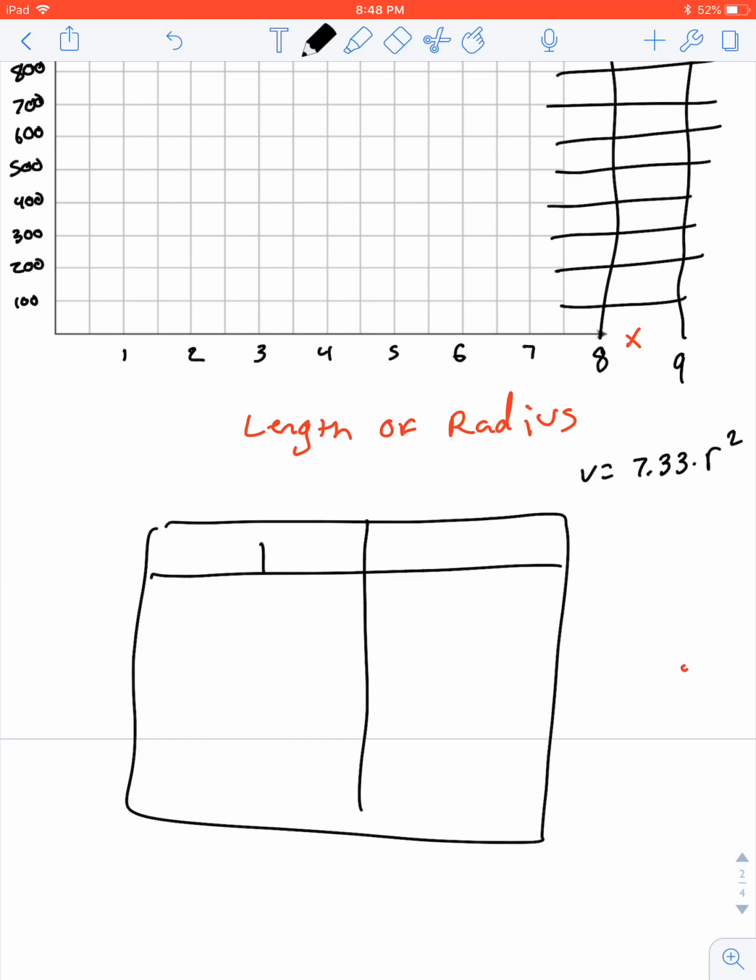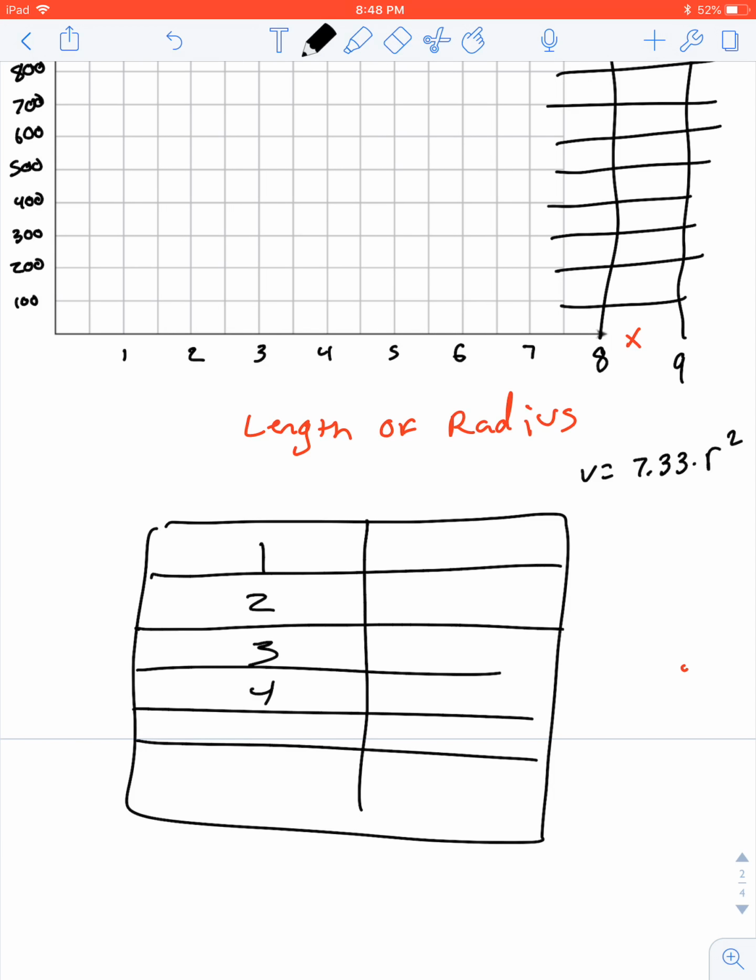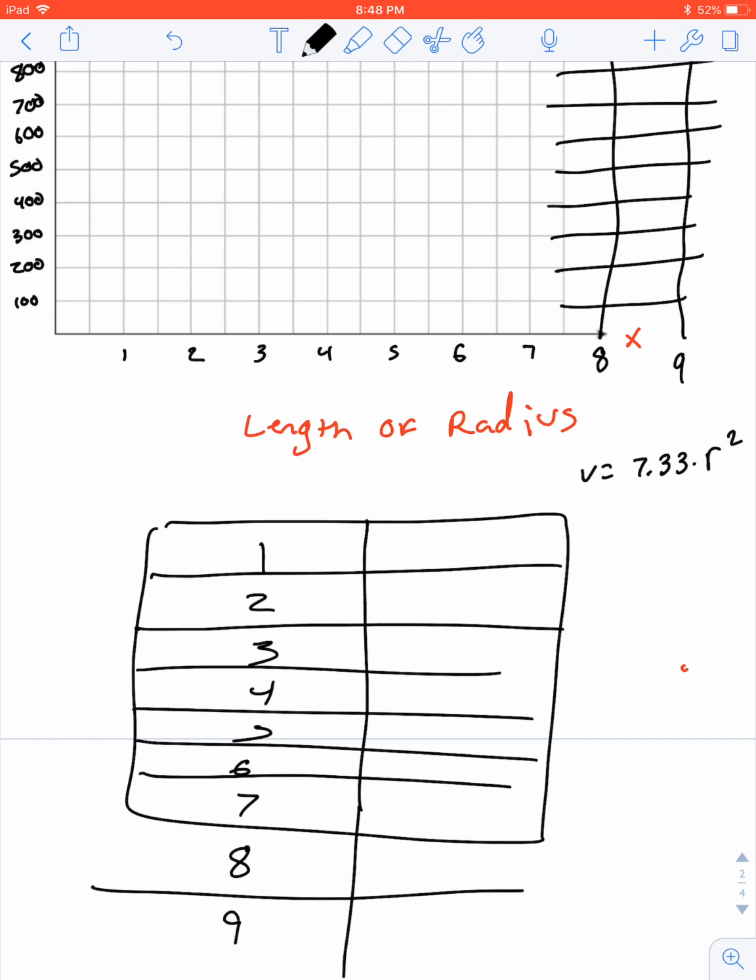So, I have 1, and you guys could be doing this in your calculators as well. In fact, I want you guys to go ahead and do that, to make your own little table, so you can see how things happen. Okay, 2, 3, 4, 5, 6, 7, 8, 9.